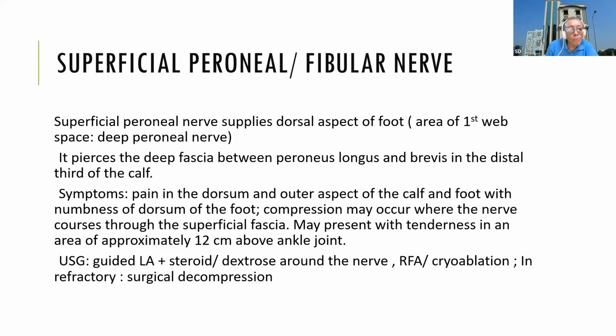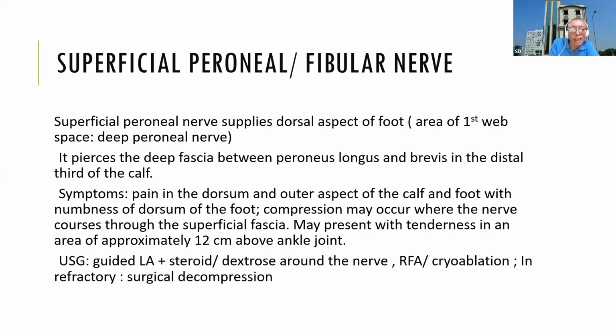So when the patient comes with neuropathic pain in the dorsal aspect, not the plantar aspect, then you always have to think the pathology may be impingement of the superficial peroneal nerve. Basically the superficial peroneal nerve pierces the deep fascia between the peroneus longus and brevis in the distal one-third of the calf.